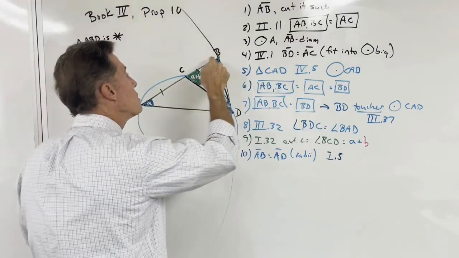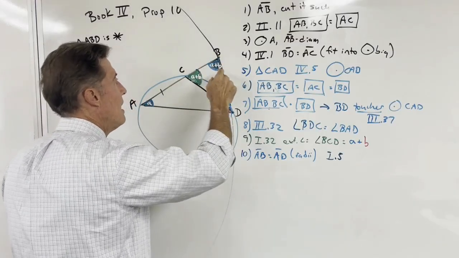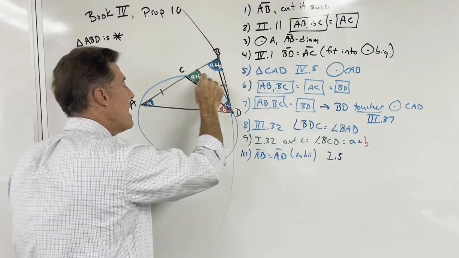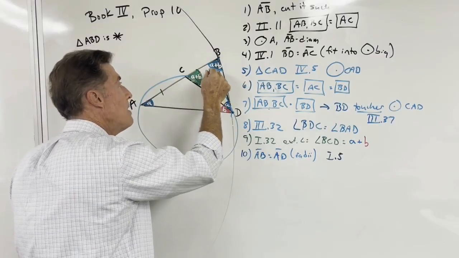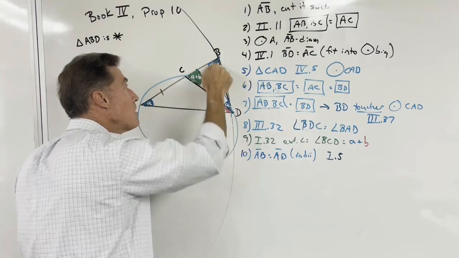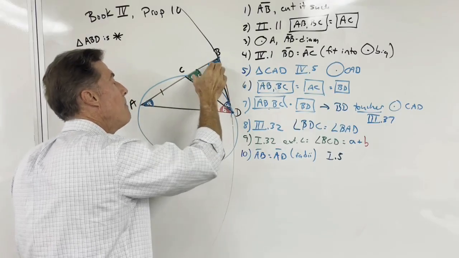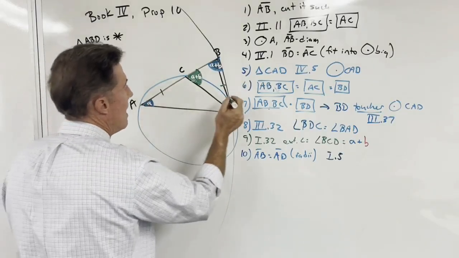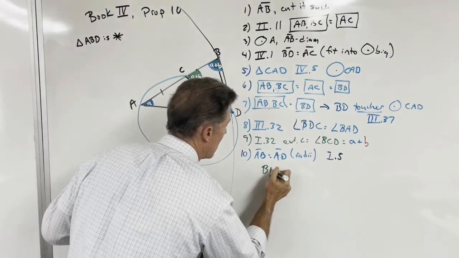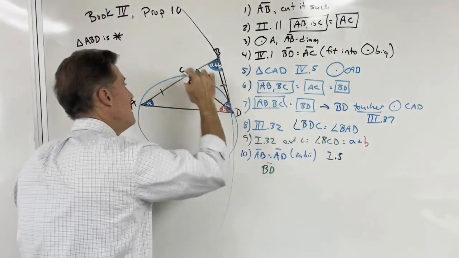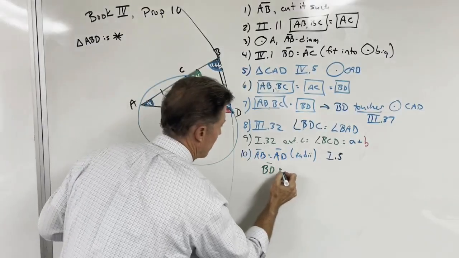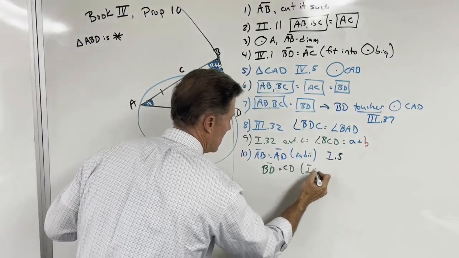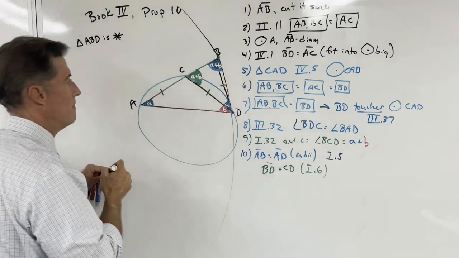But now let's look at this smaller triangle. In this smaller triangle, this angle and this angle are base angles, and they're equal to each other. So this is also an isosceles triangle. And when the base angles are equal, then the sides subtending those angles are likewise equal. Therefore, BD, this side, is equal to this side, CD. And this is just prop 6 of book 1.